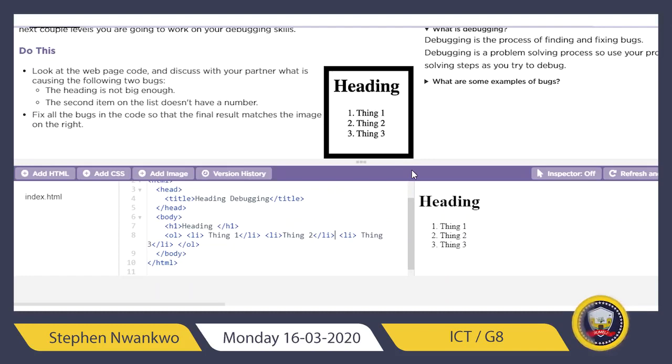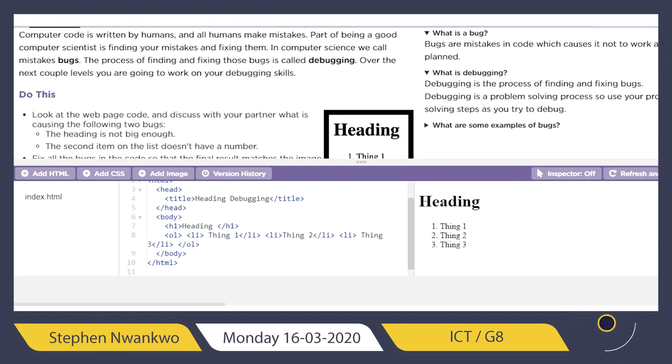So that is all about debugging. So when I ask you what a bug means: part of a program that doesn't work correctly, or a mistake in a code which causes it not to work as planned. And debugging means what? Finding the problem and fixing the problem.